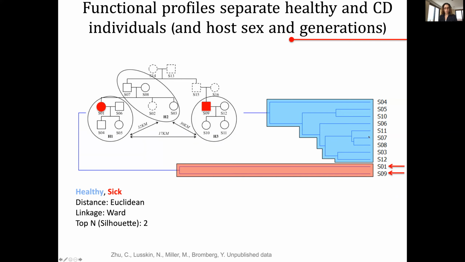There are some other things that you can trace here. So for instance, if you look at the closest couple over here, those are two first generation people. It's a couple that lives in the same household. And interestingly, they share the same microbiome, that's as expected, but their closest microbiome relative is this child over here.